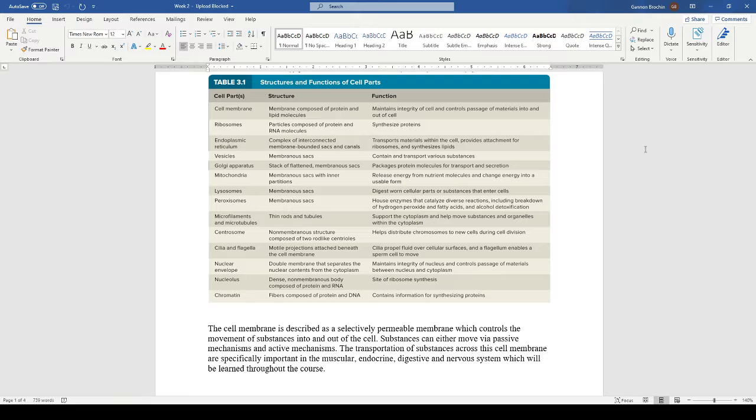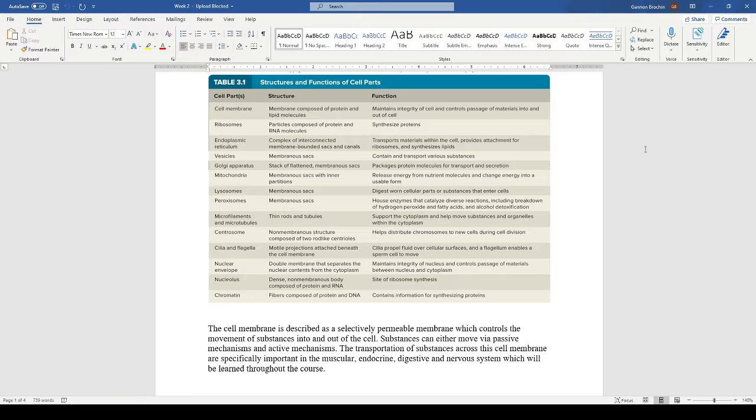Now, there's what's called smooth and rough endoplasmic reticulums. Rough endoplasmic reticulum under a microscope looks like it has grainy little dots all over it. That's because there's ribosomes that are actually built in to the side of the endoplasmic reticulum. Not all ribosomes, though, are on the endoplasmic reticulum, and not all endoplasmic reticulum has ribosomes.